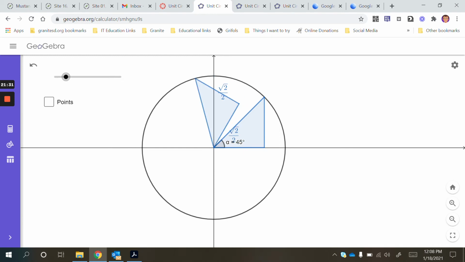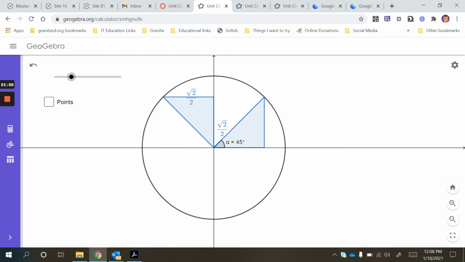Let's just focus in on this first one. Notice what the x and y values would be. We know it goes forward, square root 2 over 2, and then up, square root 2 over 2. So the x value is square root 2 over 2, and the y value is square root 2 over 2.